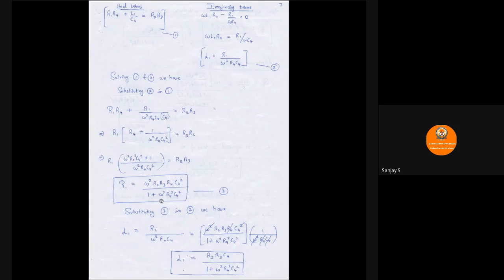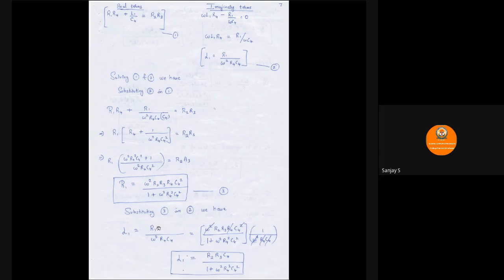So this is the expression for unknown series resistance, and unknown inductance is given by R1 by omega square R4 C4. Then you please observe that even over here in the second equation, in the expression for L1 we have R1, so we have to substitute for R1 whatever we have got here, so that we get the expression for L1 independent of R1.